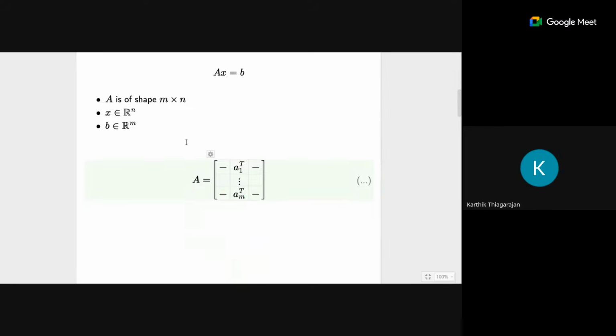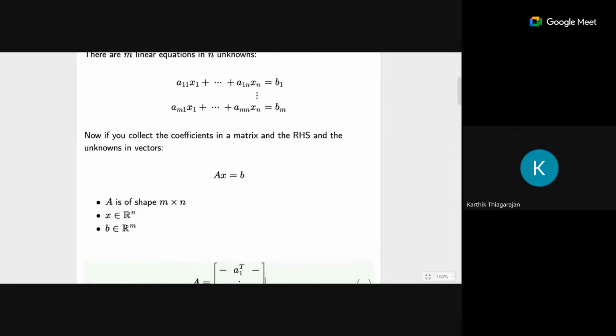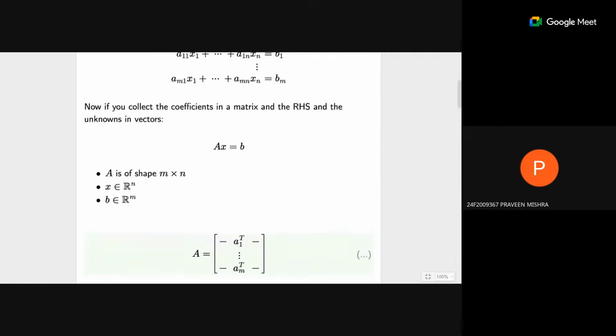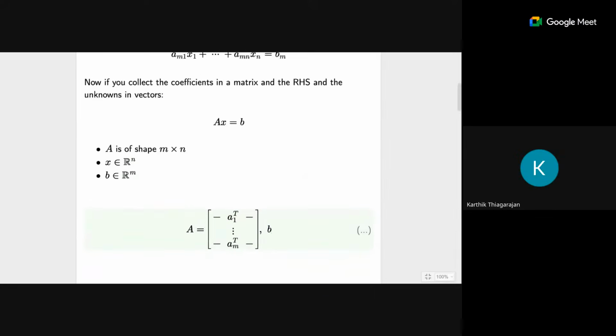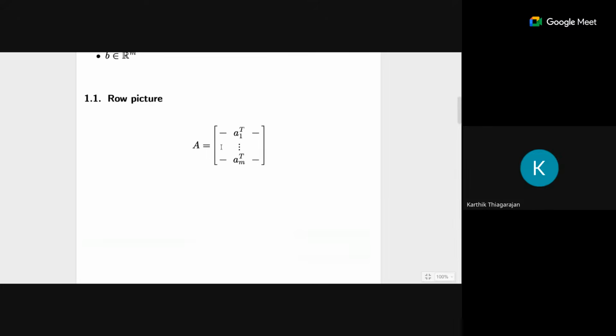Each row vector is in what space, Rn or Rm? n, right? Each one is in Rn. This is like the row picture. Professor Strang calls it the row picture, I think.